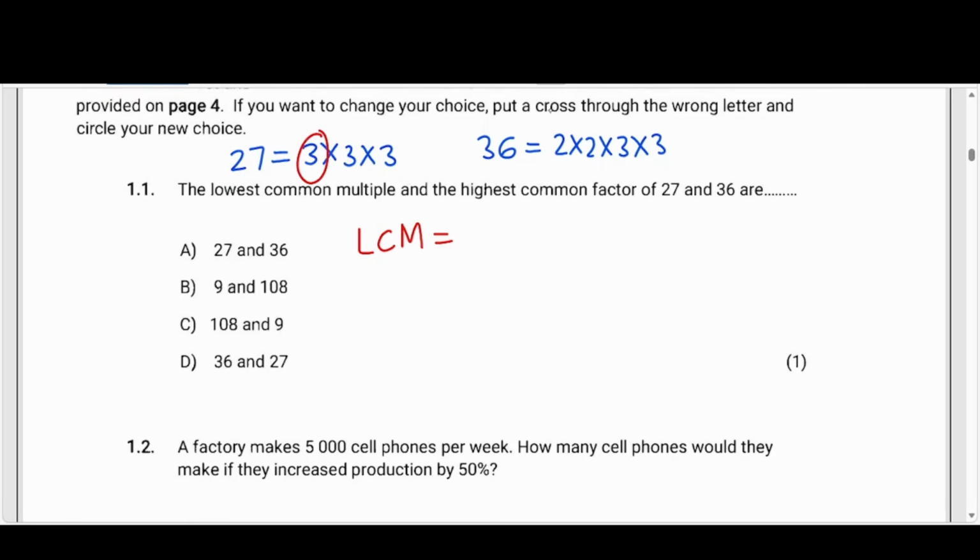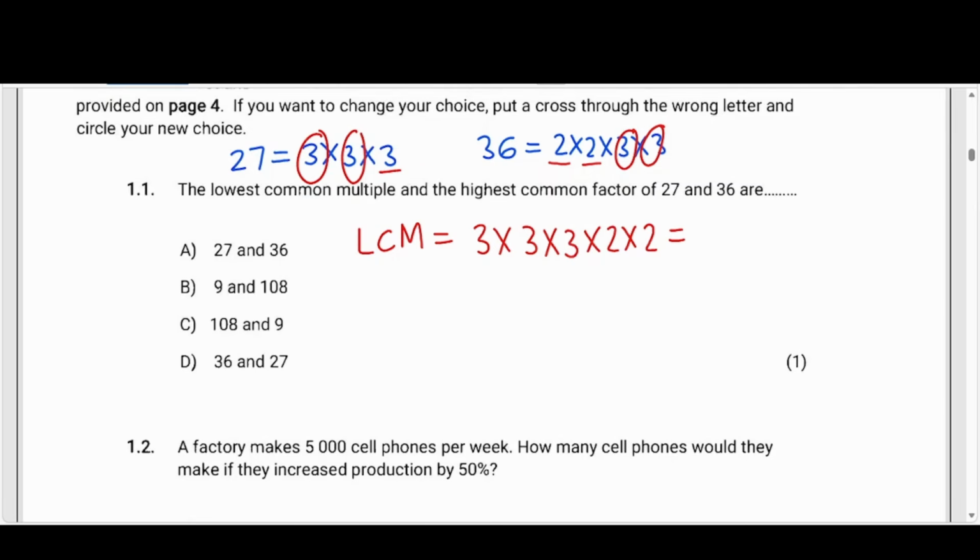So we're going to say, okay, we have 3 here and a 3 there. So we're going to put a 3 in there. 3 here and a 3 here. So we're going to put a 3 in there. And then you have to put all the remaining ones. So we've also got a 3 here. And 2 and 2.